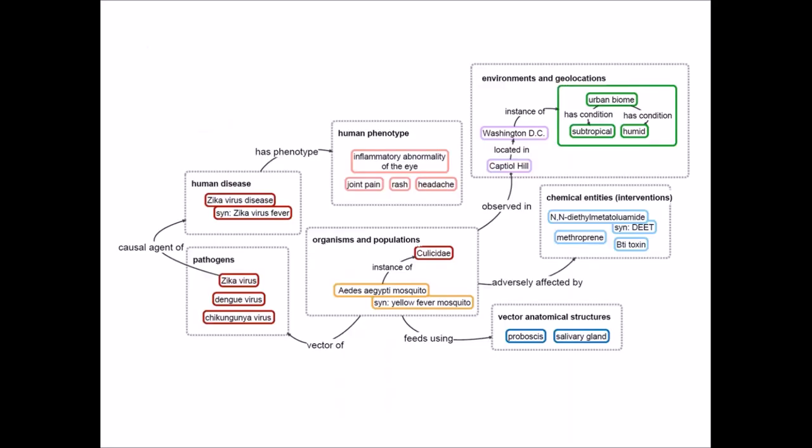This is then embedded into a whole range of other ontologies to express things like what kind of disease a particular organism can carry, what pathogens they can carry, what phenotypes, what symptoms are associated with those diseases, to help diagnosticians understand what's going on. Also, where such vectors have been seen.